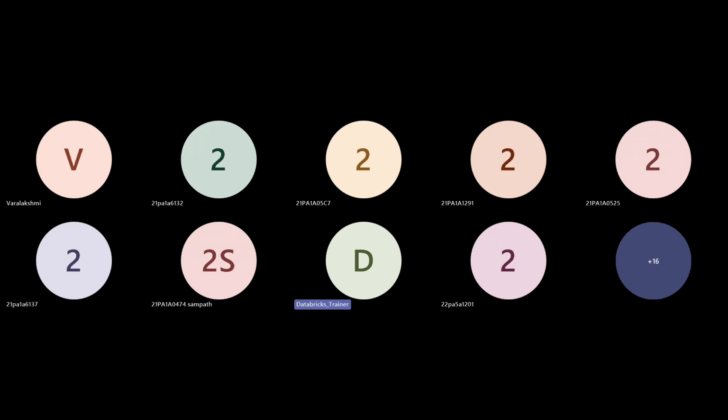And if I go to the next one, what is the glom function in RDD?